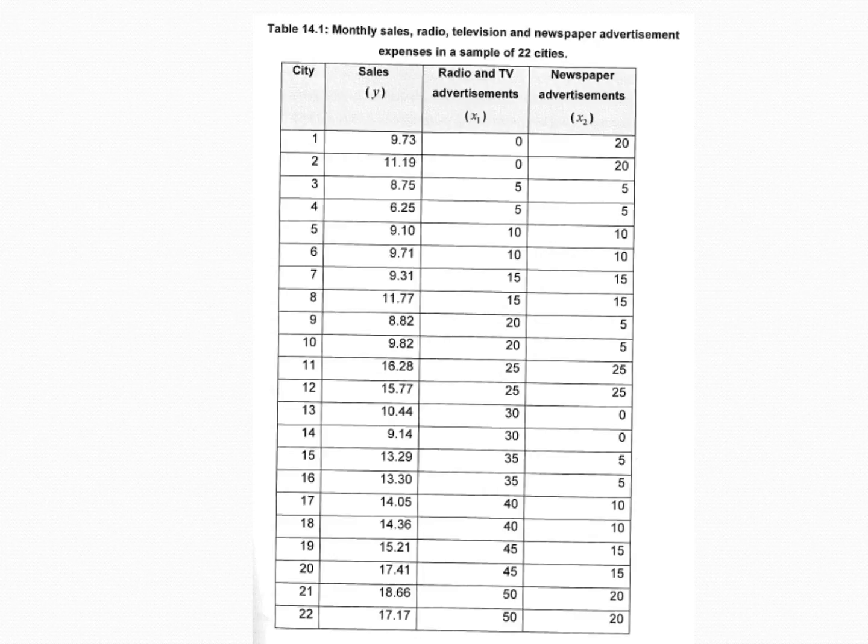The same for the radio and TV advertisements, and those were recorded as thousands of rand. So the 5 in city 3 will actually represent 5,000 rand for radio and TV advertisements, and the 5 for newspaper advertisements in city 3 will represent 5,000 rand.